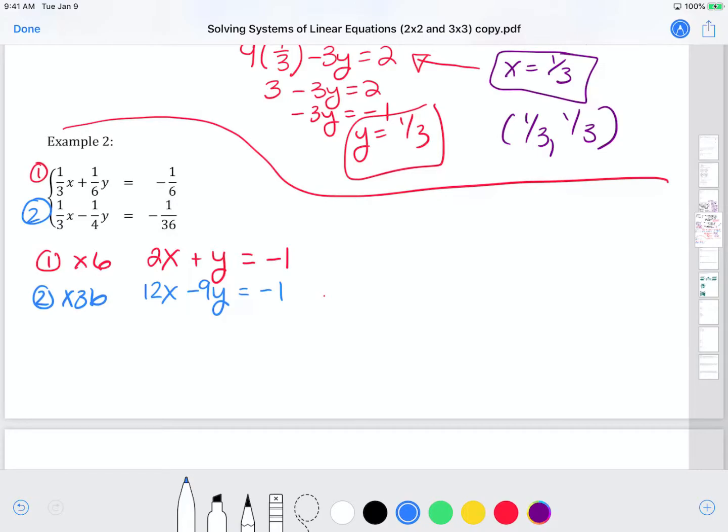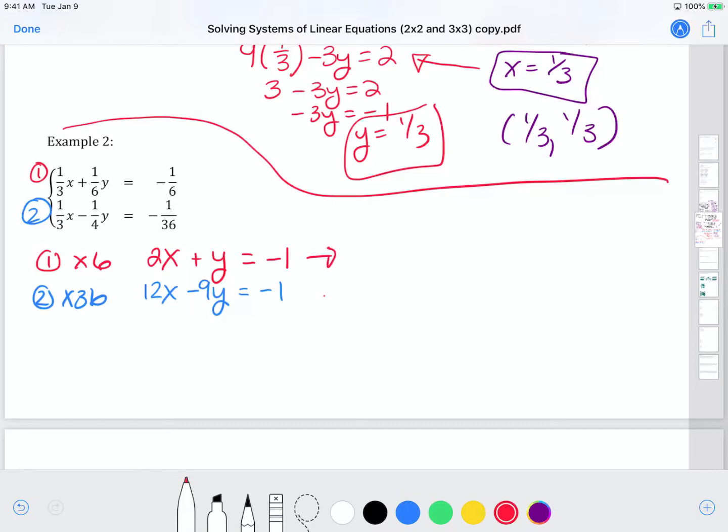I can either take the first equation and multiply it by negative 6, because that would give me a negative 12x, or I can take the first equation and multiply by positive 9. Either one is fine. No matter what you do, it's going to come out the same. I'll take the first equation and multiply by negative 6.